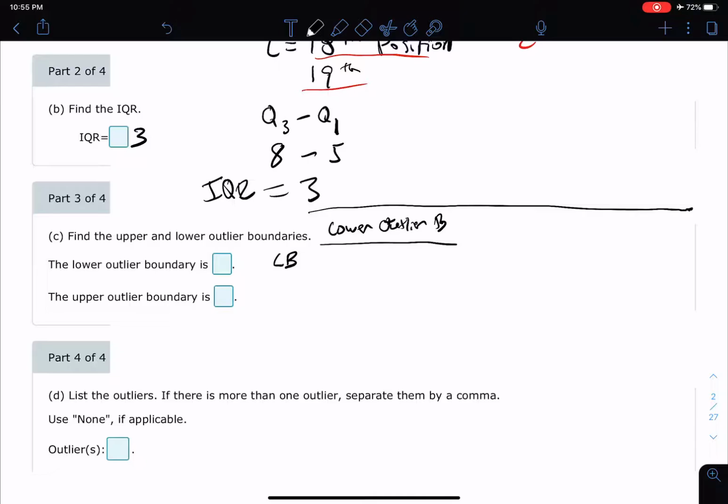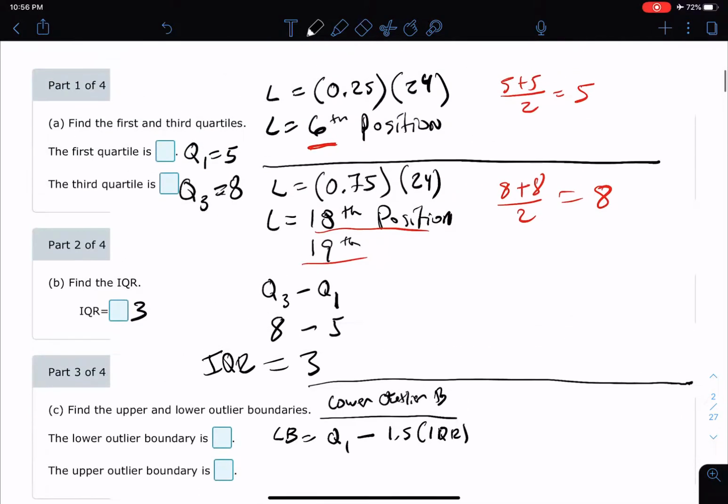Well, the lower boundary is going to be Q1 minus 1.5 times the IQR. Okay, let's see, what is that? We know all this stuff.